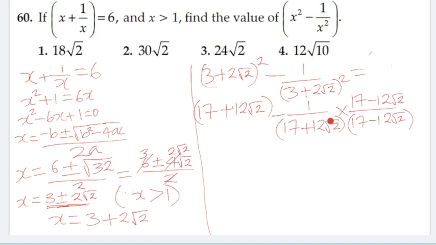So 17 square is 289, and 12 root 2 the whole square will be 288.